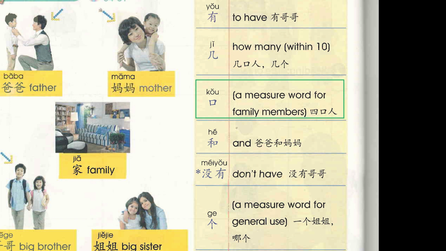If you have 2 members in your family, we cannot say 二口人，that is incorrect.